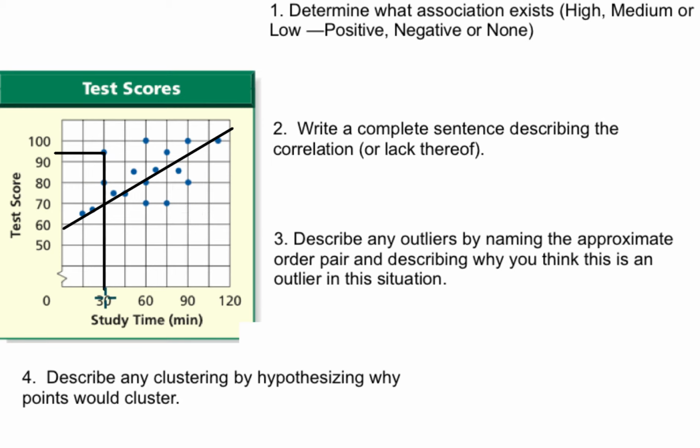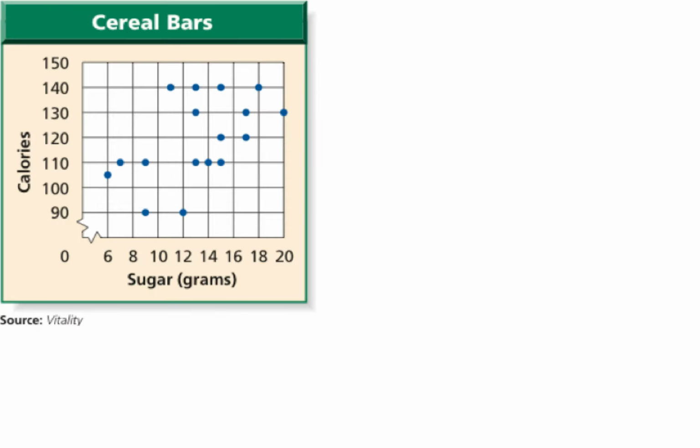Now I would assume this study time would include all study time throughout the unit, including what was spent on doing homework and stuff. Any clustering, not really a whole lot as far as clustering goes. I mean, we have 3 people getting 100%, but they're not really close together necessarily.